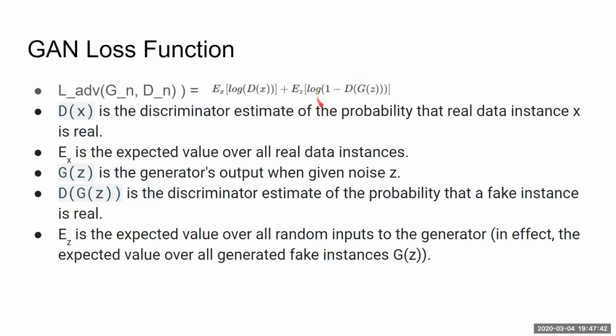It will try to reduce the probability that the discriminator will think it is a fake image. It has to generate such real images that this probability is minimized, and then overall this quantity will be minimized. On the other hand, the discriminator will try to reduce the error by correctly classifying the image as real or fake. So that's basically the GAN architecture.